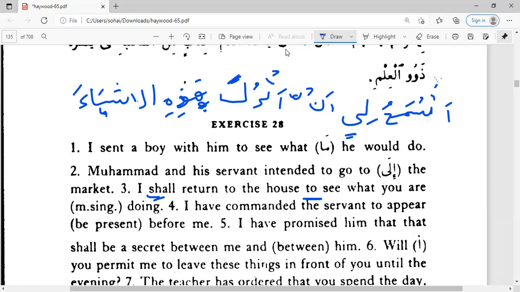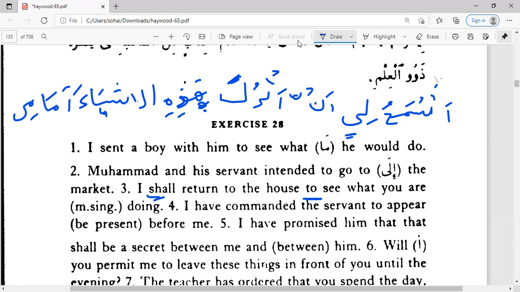Atruku, then hazihi ashia amamaka, in front of you. Amami is in front of me, but amamak is in front of you.